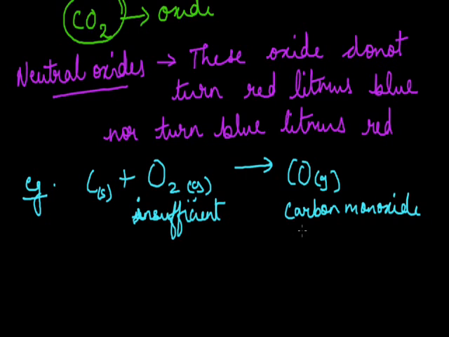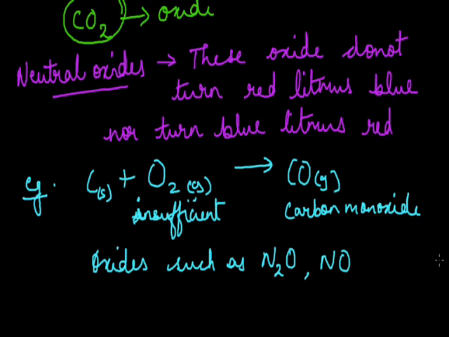Similar examples are some oxides of nitrogen, such as N2O and NO. These both are also neutral in nature.